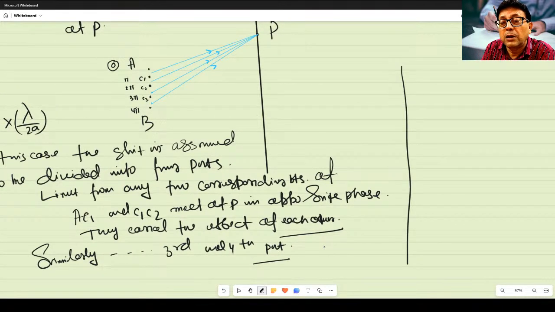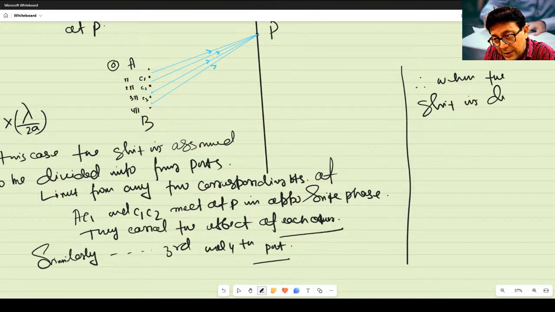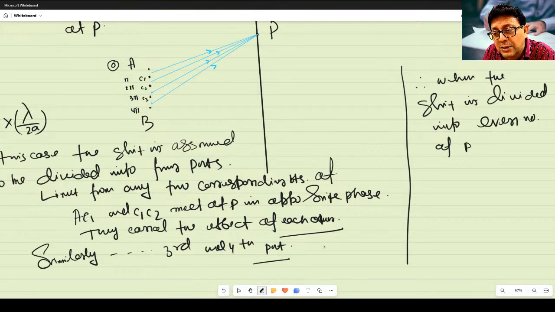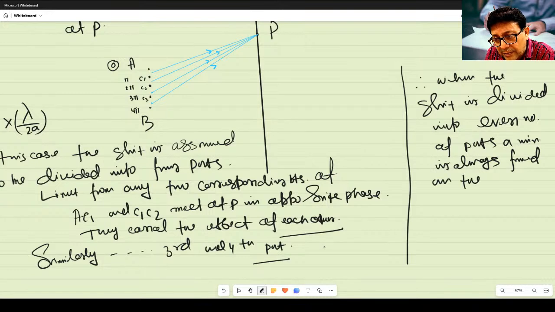Therefore, when the slit is divided into an even number of parts, a minima is always formed on the screen. Got it? When divided into an even number of parts, this will happen.